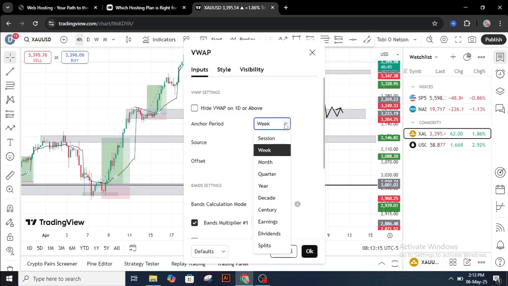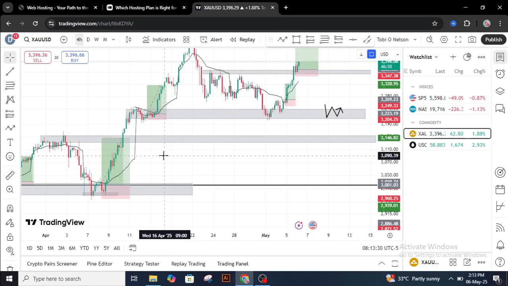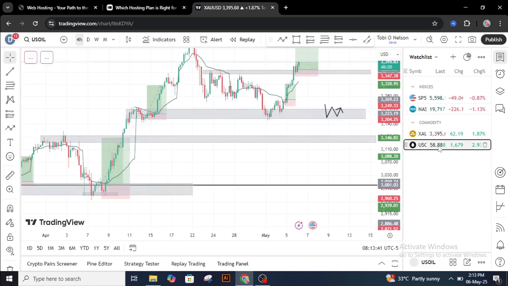Normally the default setting is going to be on session. So you are going to remove it from session if you want to use it for swing, and put it on weekly. What that means is that the VWAP is going to calculate price and volume of the market for every week and reset itself every week. Now let me show you an example of what I mean.